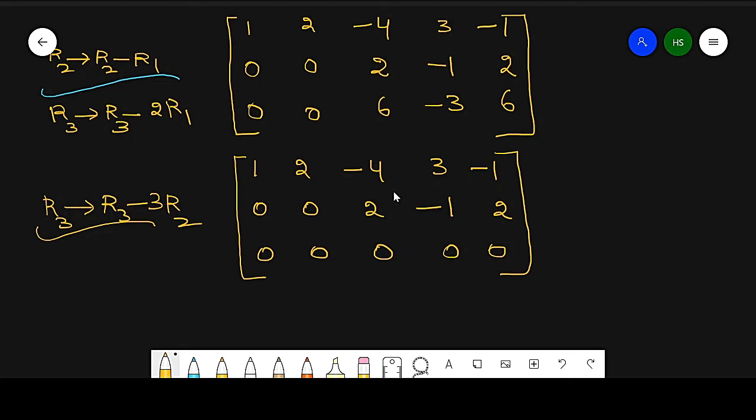Now we make this term 0. How can we make this term 0?